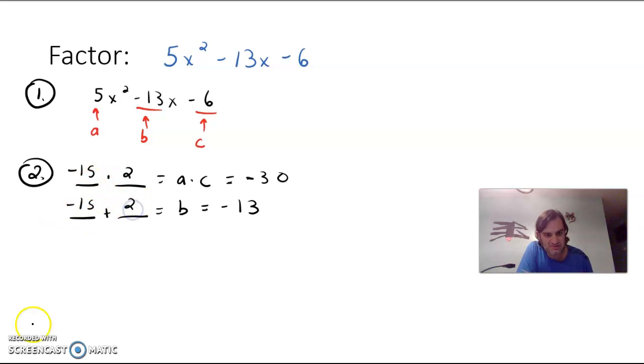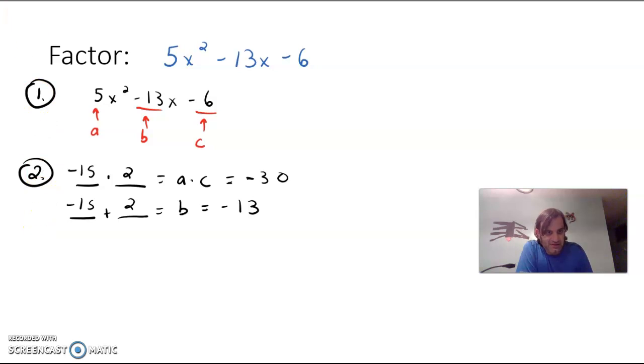So negative 15 times 2 will give me negative 30, and negative 15 plus 2 will give me negative 13. So be very careful, because it may look like you want a certain set of numbers like 3 and 10, but if you put them together, it doesn't give you what you want if you check the signs behind yourself. So be careful.